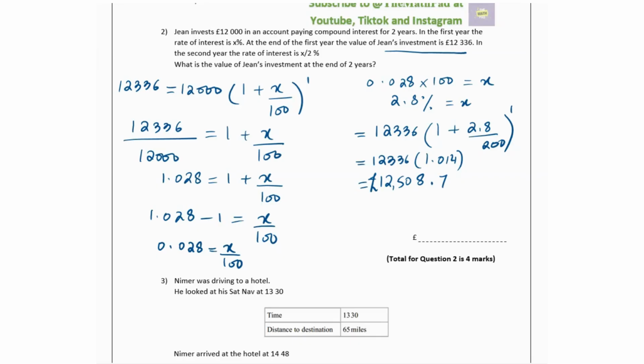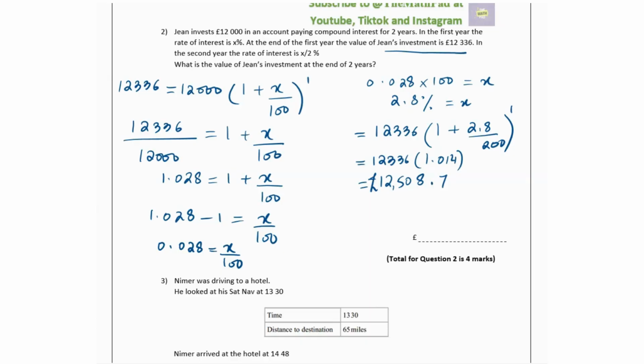When we invest that 12,000, after the first year we're getting 12,336. So we use that equation to figure out the value of X. Then they said for the second year, the rate of interest is X over 2%. So X is 2.8. 2.8 divided by 2 divided by 100 is 2.8 divided by 200, which gives us a value of 1.014 when we add 1 to it.